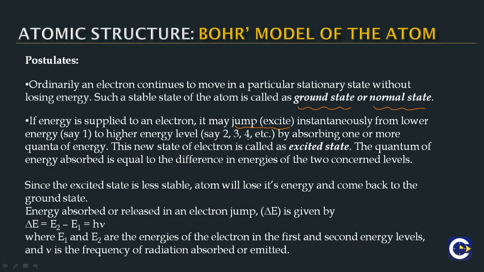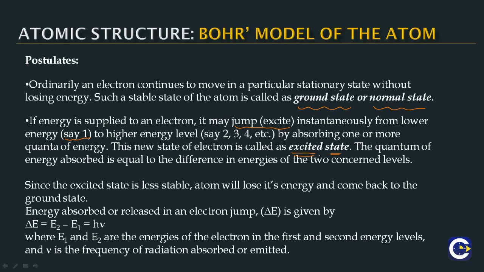Let us say we take the lower energy to be level 1, then it can go to level 2 or level 3 or level 4, and this process is called excitation. The state the electron gets into is called the excited state, and the energy absorbed corresponds exactly to the gap between the two levels.